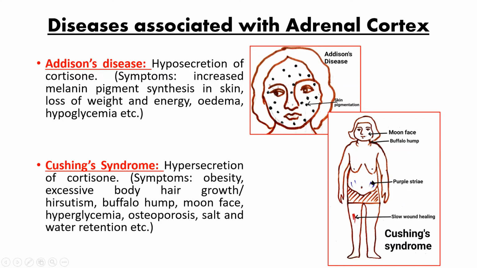Bones are degrading, that means osteoporosis is happening. Salt and water retention occurs in the body, and they become hyperglycemic. And also they develop excessive body hair, and this condition is known as hirsutism. So these are the symptoms of Cushing syndrome.